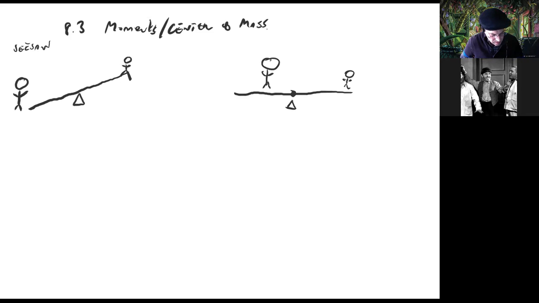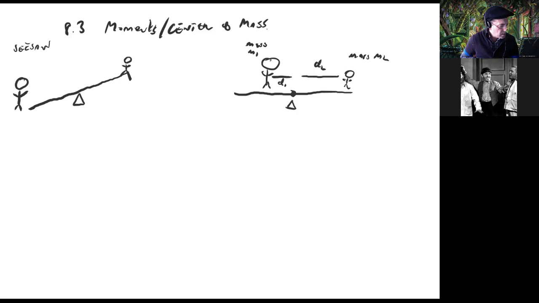So there's a formula discovered by Archimedes. Suppose the distance of the adult to the fulcrum is d1, and the distance of the kid is d2, and the adult has mass m1, and the kid has mass m2.